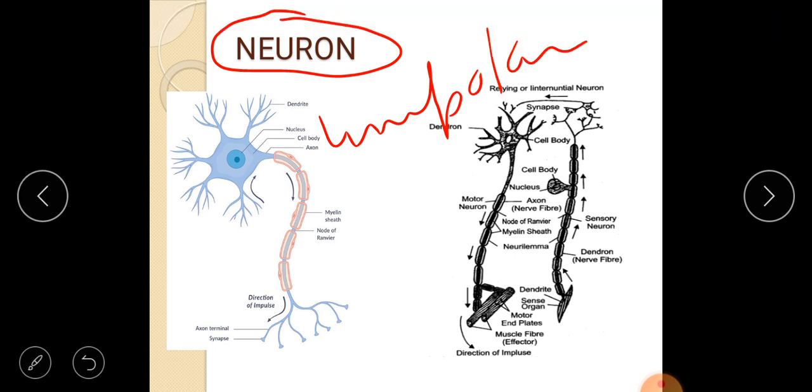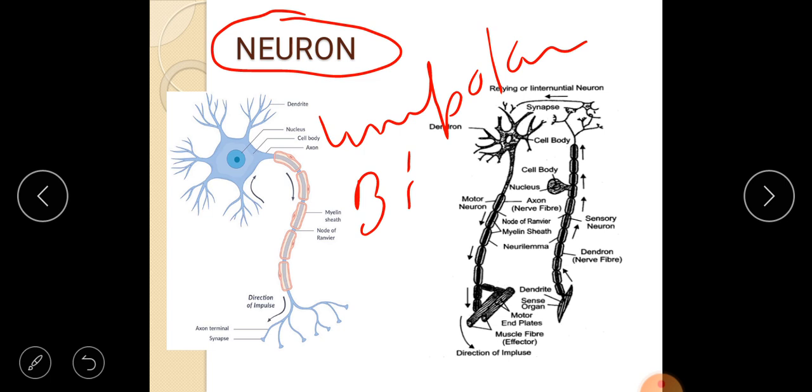Then the bipolar neuron. Then the multipolar neuron. The neuron shown in this diagram is the multipolar neuron. We have multipolar neurons in our body. We don't have unipolar neurons. Bipolar neurons are found only in the retina of our eyes.